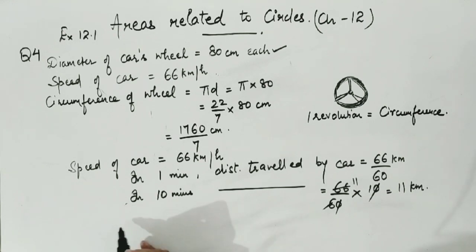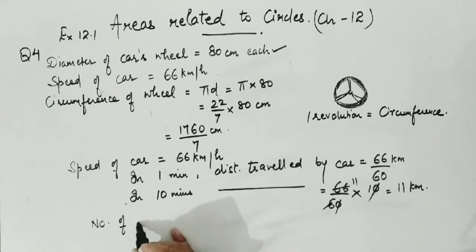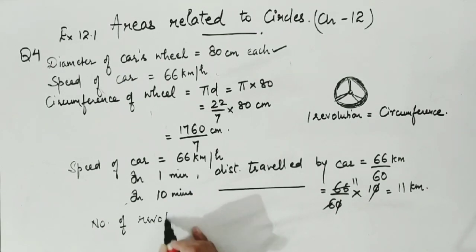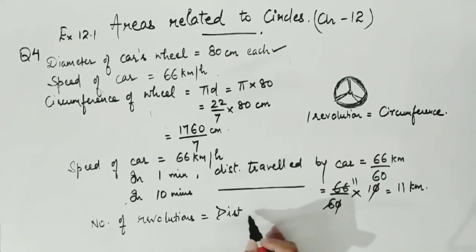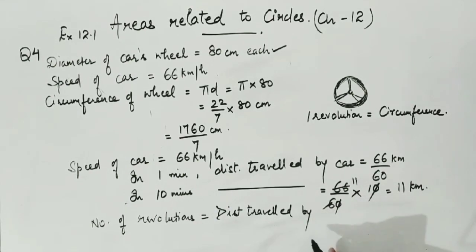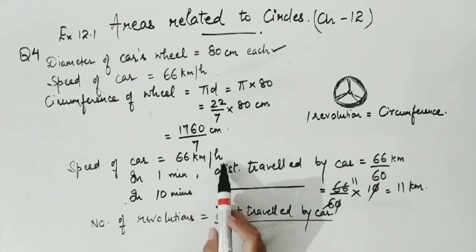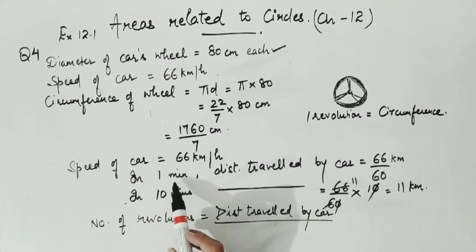The number of revolutions will be the distance traveled by the car, because we have already worked on the time which was given in hours, we converted it into minutes, we calculated for 1 minute, then as the question demands for 10 minutes, how many complete revolutions will the wheel make in 10 minutes.